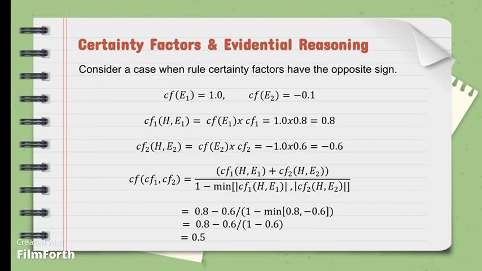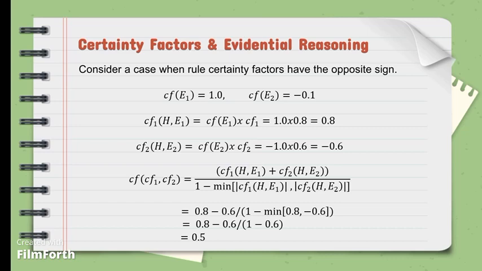Consider a case when rule certainty factors have the opposite sign. So the certainty factor of evidence sub 1 is equal to 1.0, which is positive, and the certainty factor of evidence sub 2 is equal to negative 0.1.